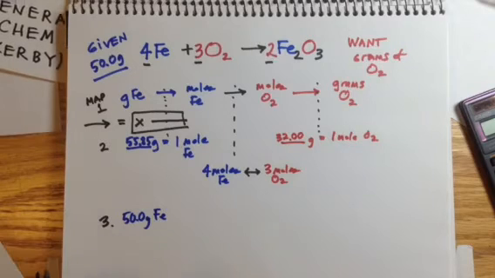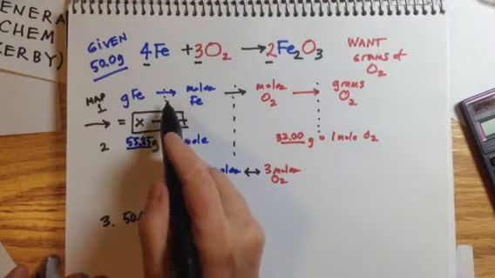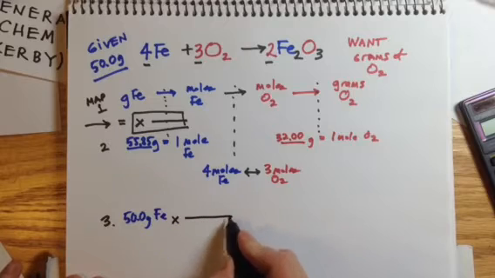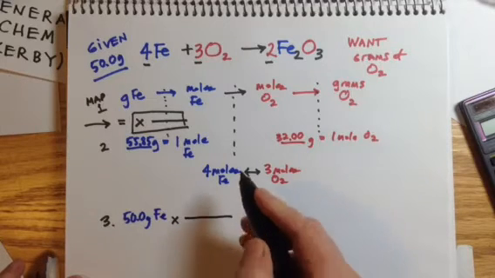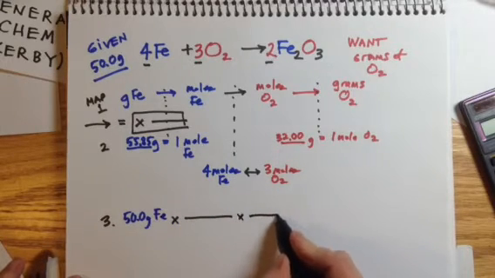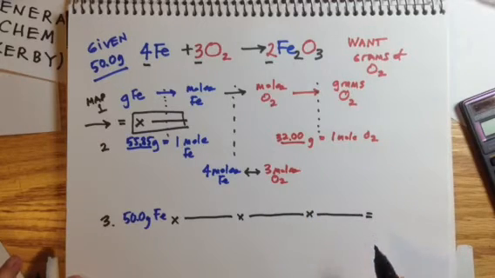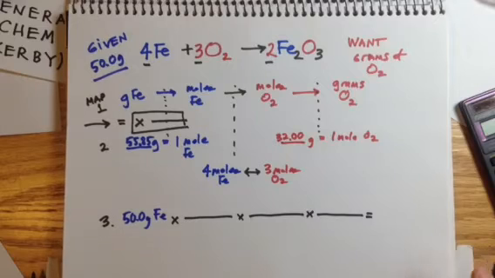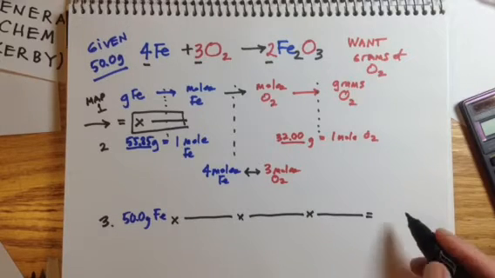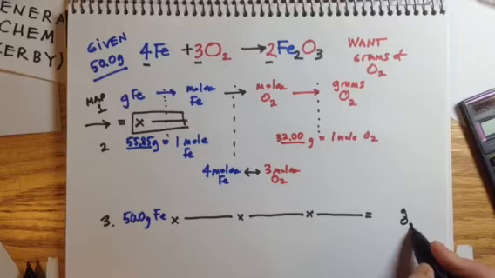And we're going to multiply that by 1 fraction to do that first step, then another fraction to do that second step, and another fraction to do the third step. And hopefully in the end, we are going to get grams of oxygen.